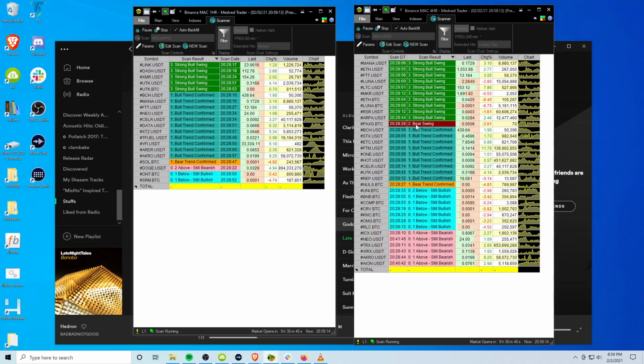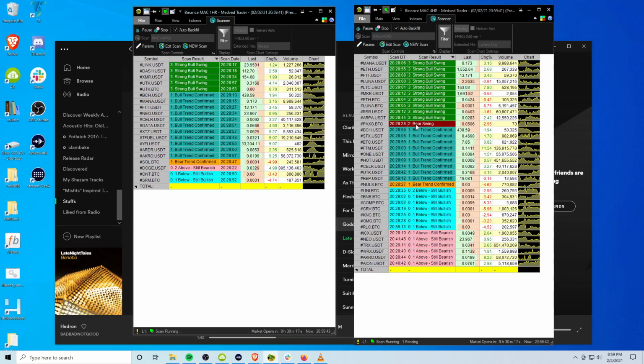What I do when a bear swing or a bull swing signal pops up, that symbol automatically goes onto a watch list for me. I'll look at the chart and evaluate where I would consider an entry. What I use for my entry is a combination of dynamic and static supports.